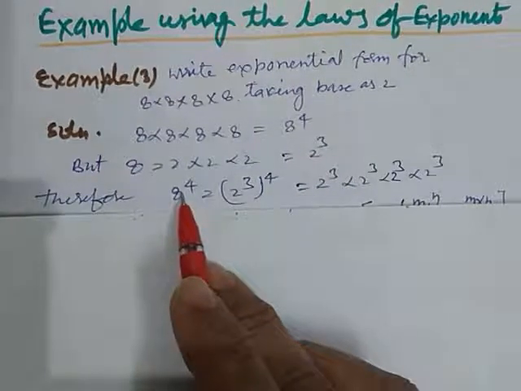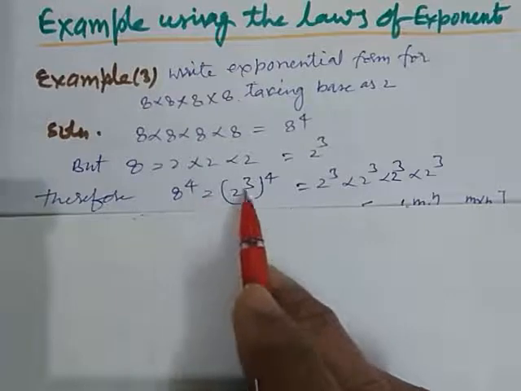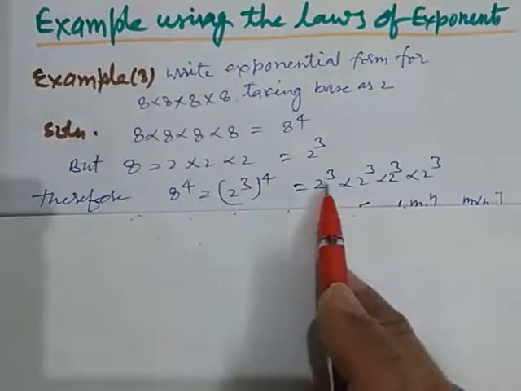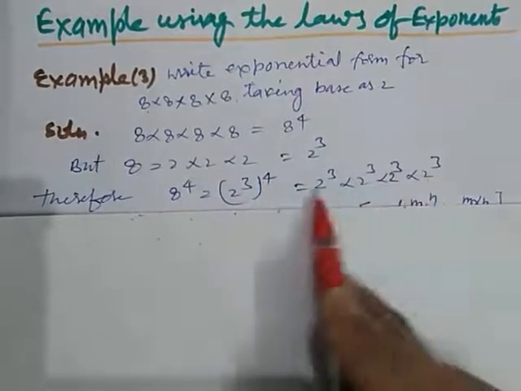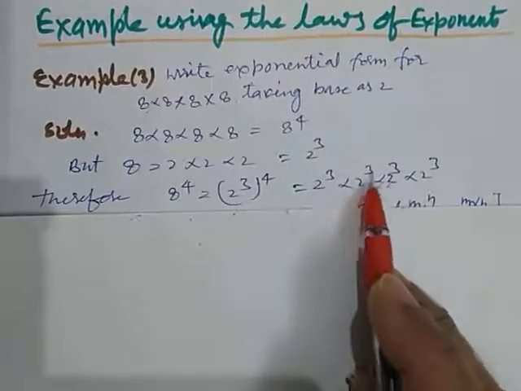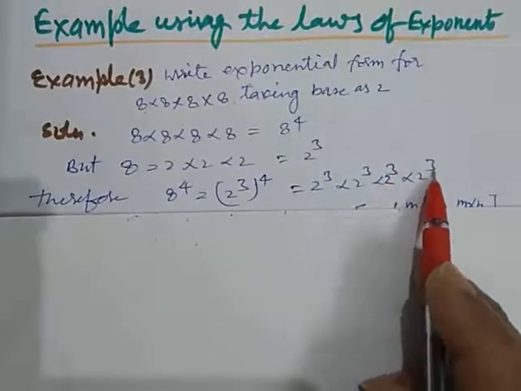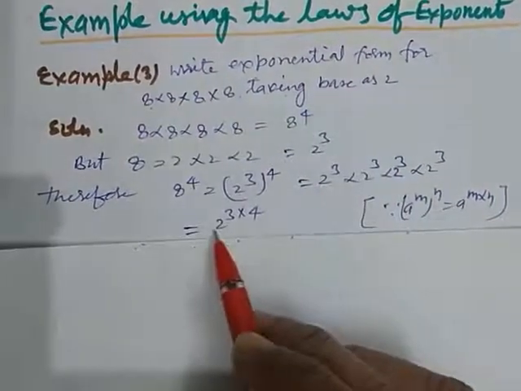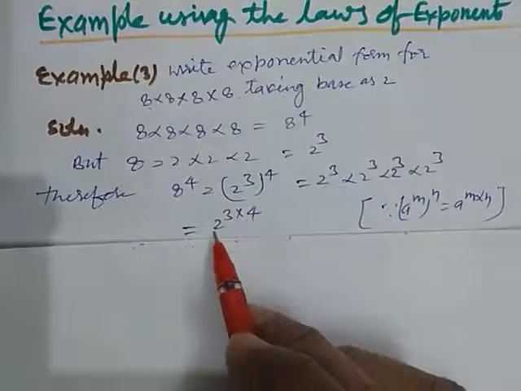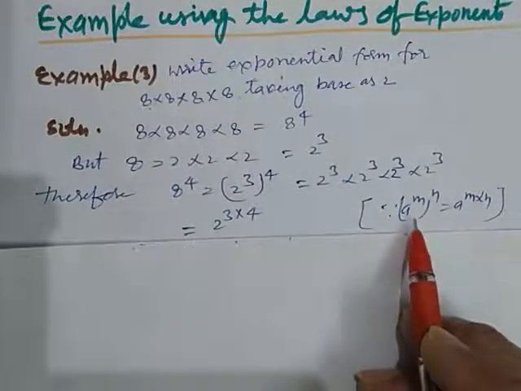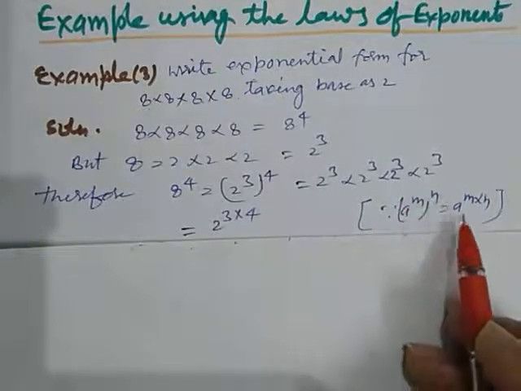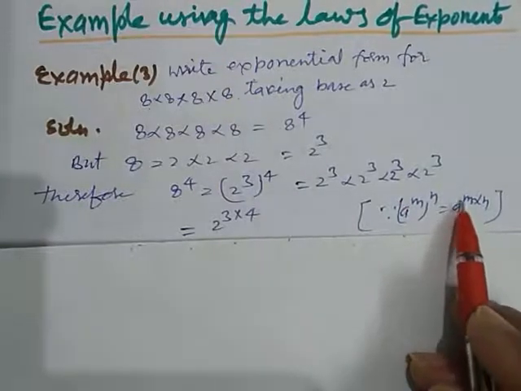So 8 power 4 means 2 raised to the power 3 whole power 4, which means 2 raised to the power 3, four times. Okay, 2 raised to the power 3, 2 raised to the power 3, 2 raised to the power 3, 2 raised to the power 3. So this becomes 2 raised to the power 3 into 4, because we know the rule: a raised to the power m whole power n can be written as a raised to the power m into n.